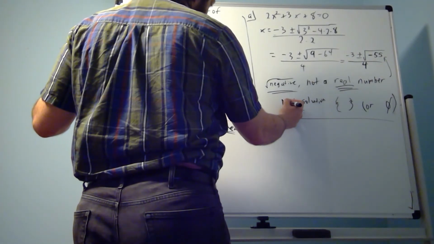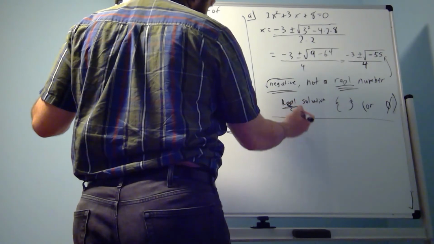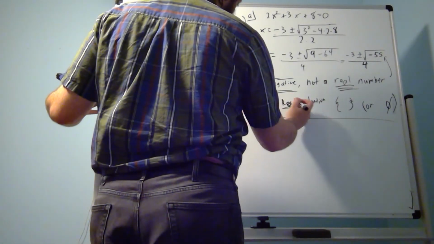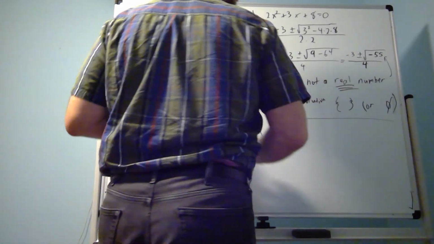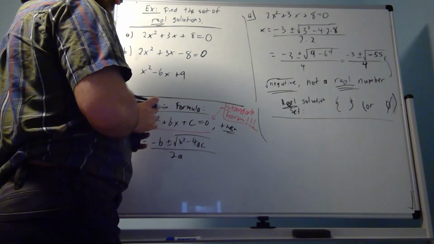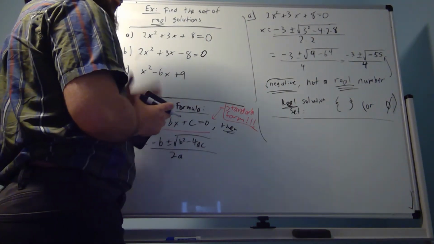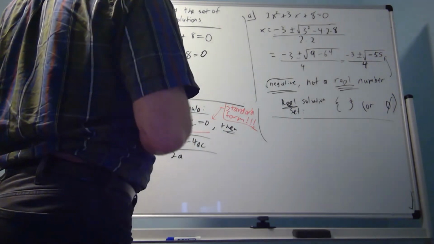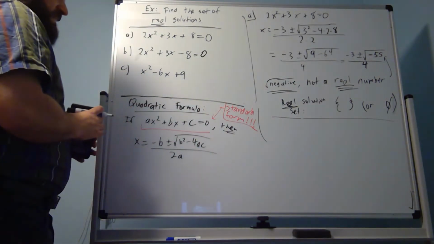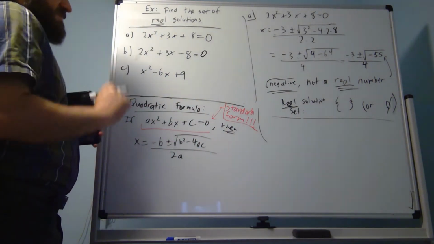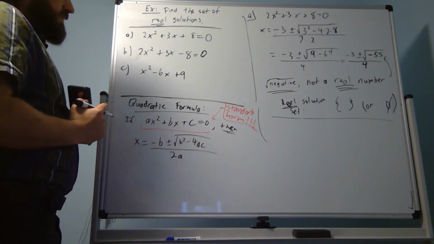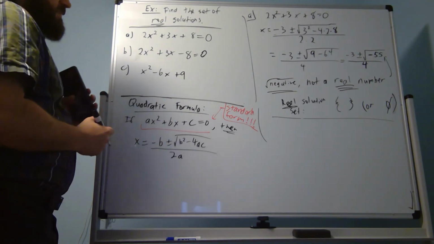So for now, we just leave it at that. If we know that we're in a context where only real values make sense, then we're done here. This equation has no real number solutions, and that's it.